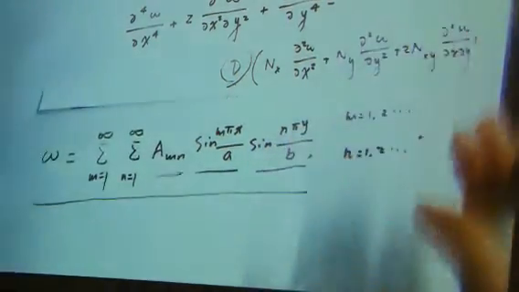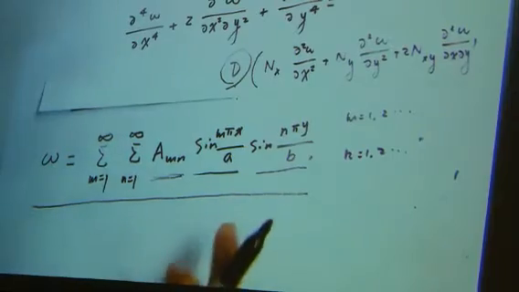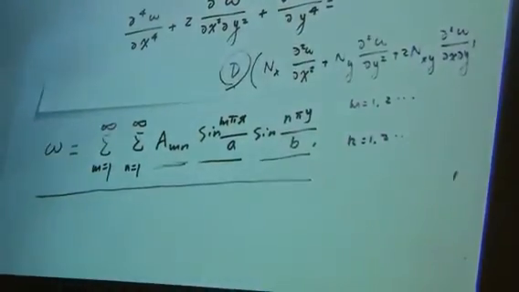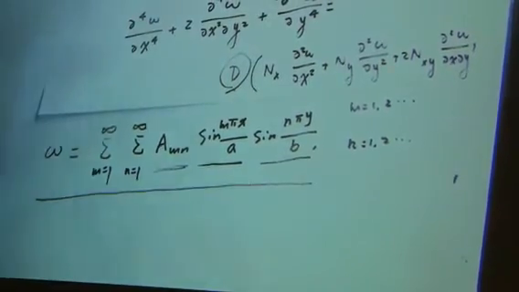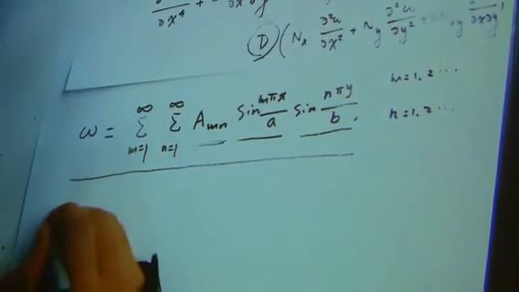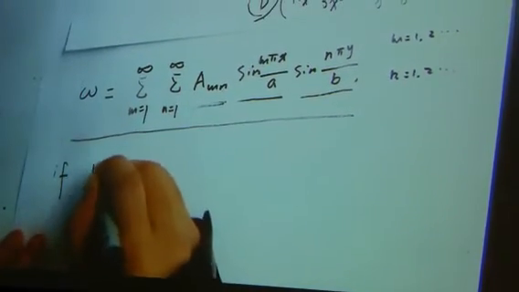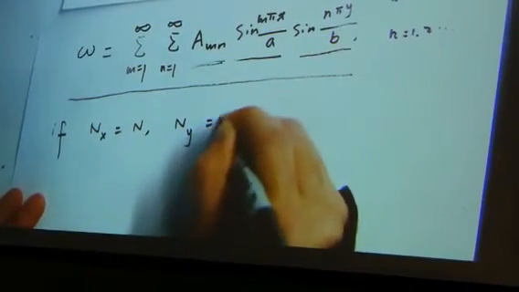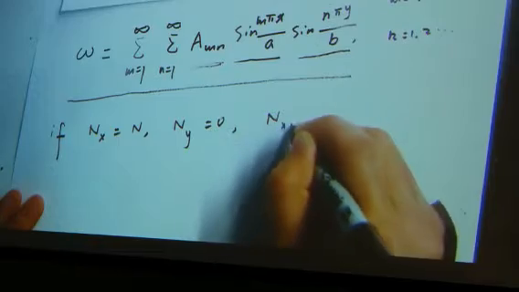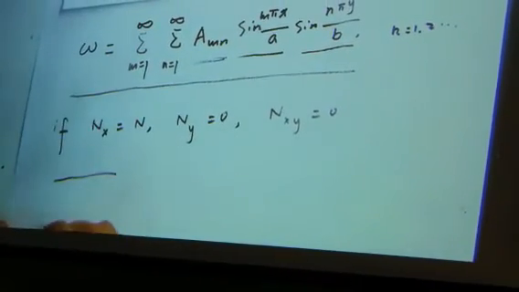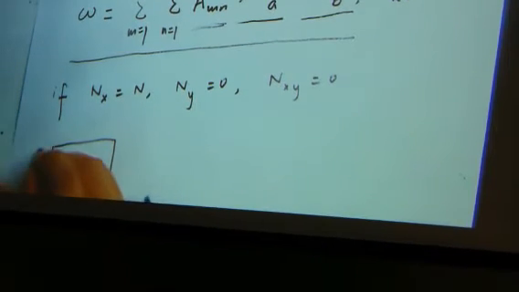And you will see the deformed shape follows the sine shape, the cosine shape sometimes. So we substitute this W into that governing equation, and we also assume Nx equals N, Ny is 0, Nxy is 0. That means we are dealing with a plate like this.